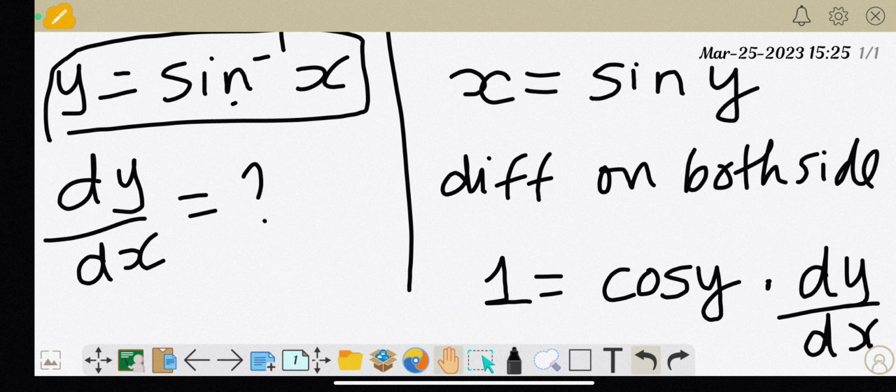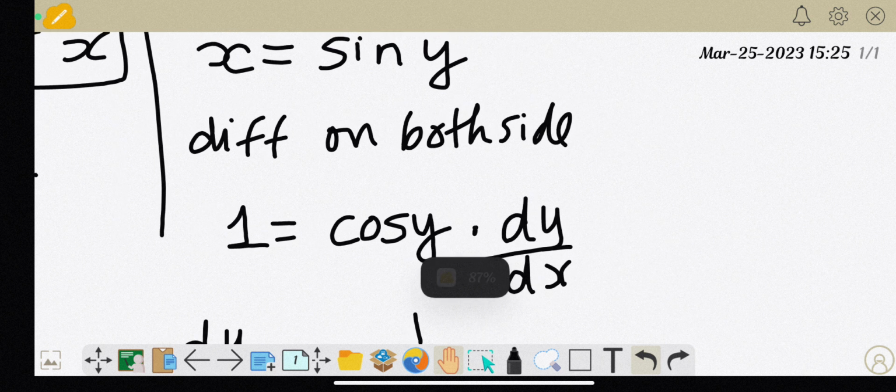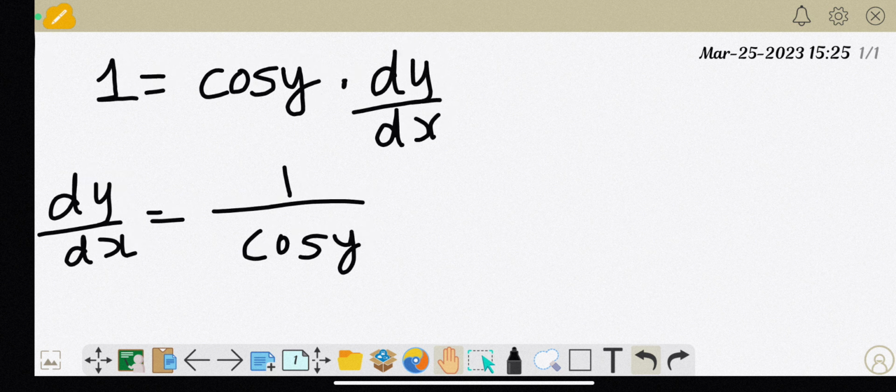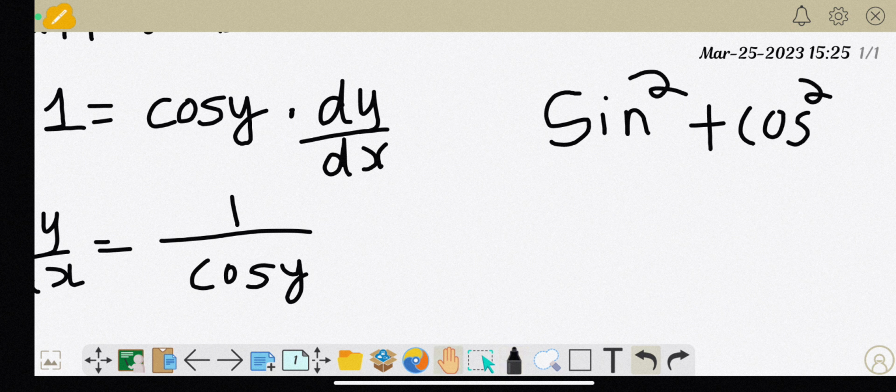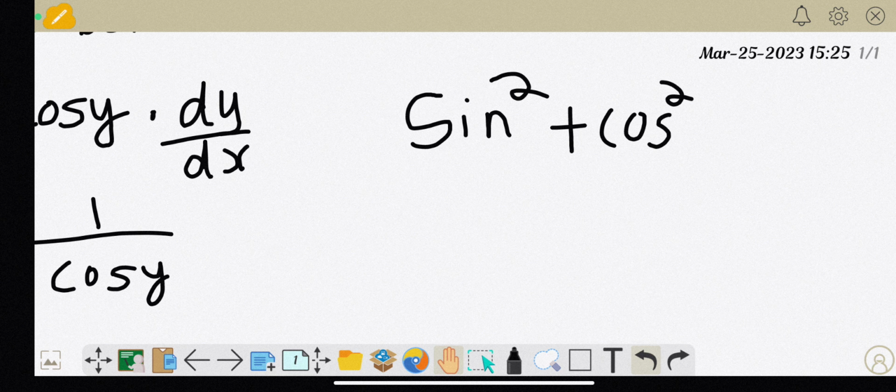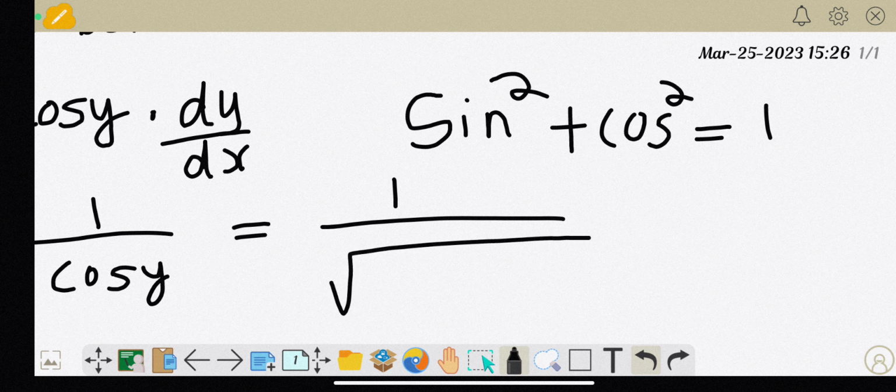Okay, so now we want to convert that cos y in terms of sine y. I know the relation between sine and cos, correct? Sine square x plus cos square x is equal to 1. So instead of cos y, I can write 1 by square root of 1 minus sine square y, correct?